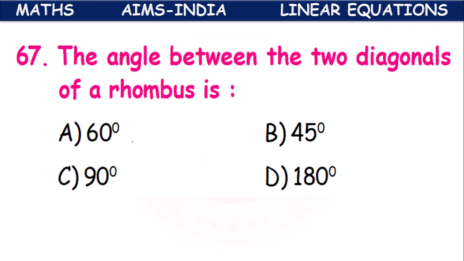Rhombus means it's a structure like a kite whose all sides are equal. If you draw diagonals in a rhombus, they will bisect perpendicularly. They will intersect perpendicularly. So 90 degrees.